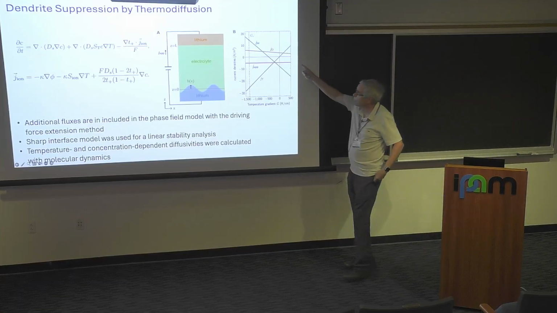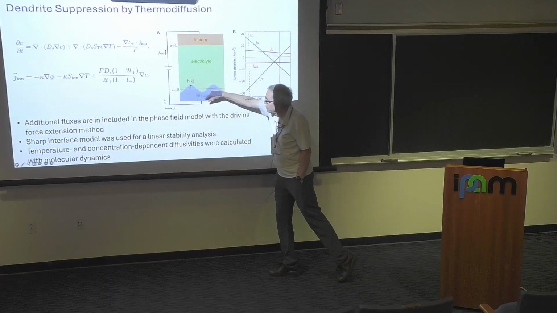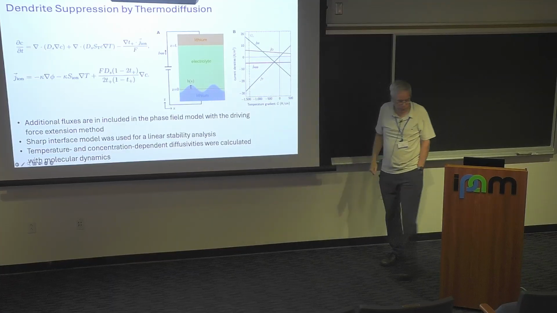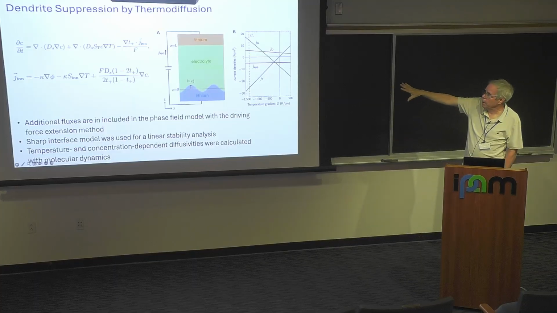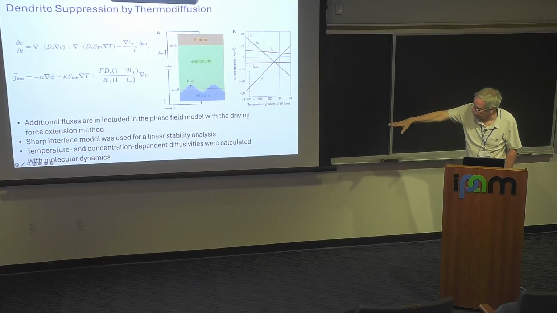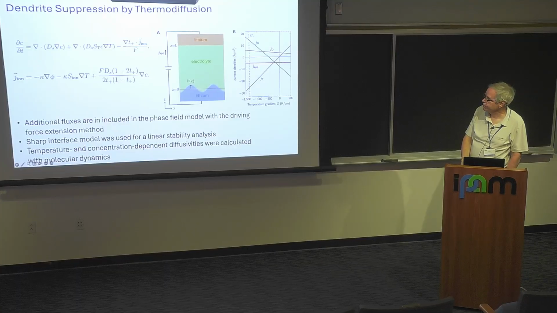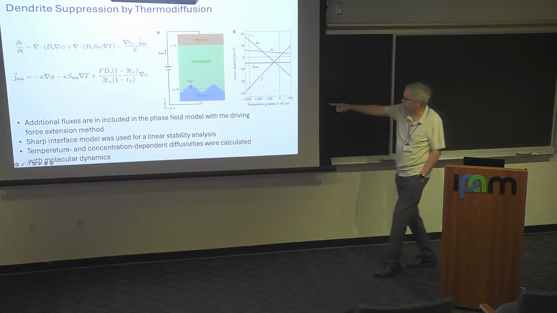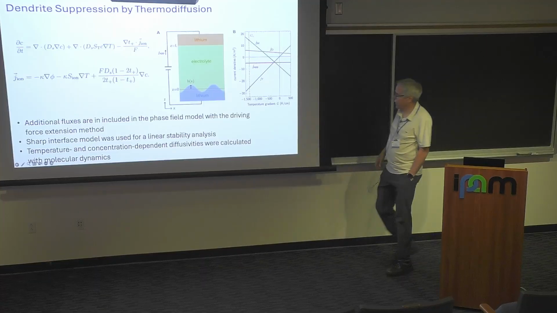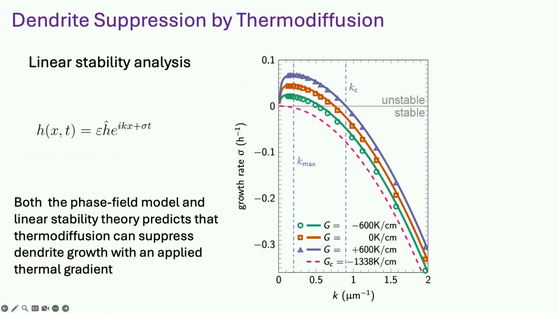You get different fluxes and different evolutions of the interfaces. And these are using the parameters that come out of the molecular dynamics. So these are, in principle, reasonable estimates for what those coefficients might be. And here's a measure of the temperature gradients from 500 to 1,000 Kelvin per centimeter.